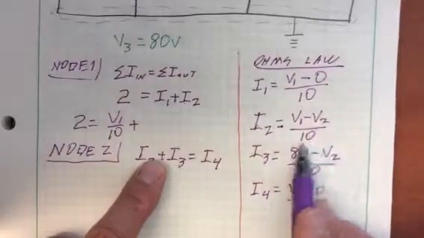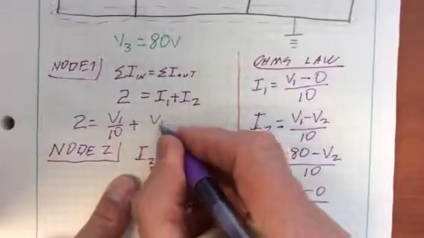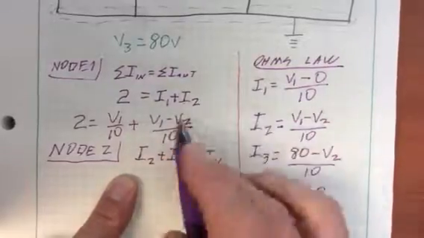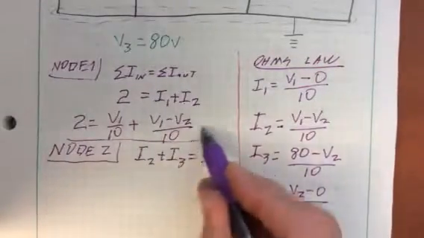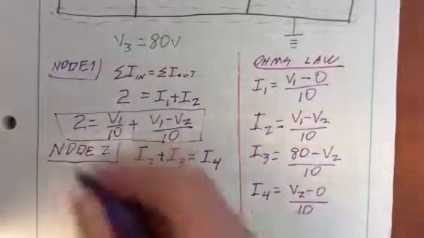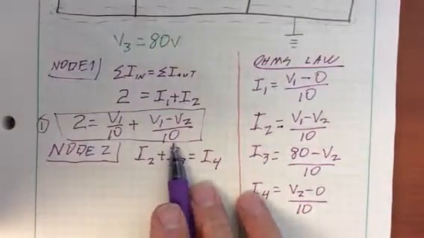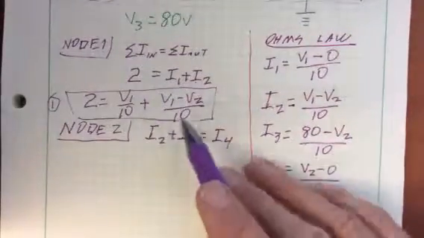I2 is V1 minus V2 over 10. There's my equation from node 1. I'm going to call that equation 1. It's not in final form, but it'll just take some algebra to do that.